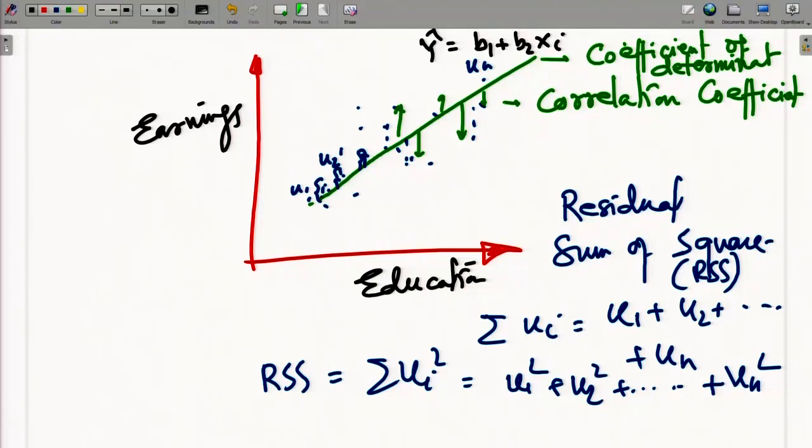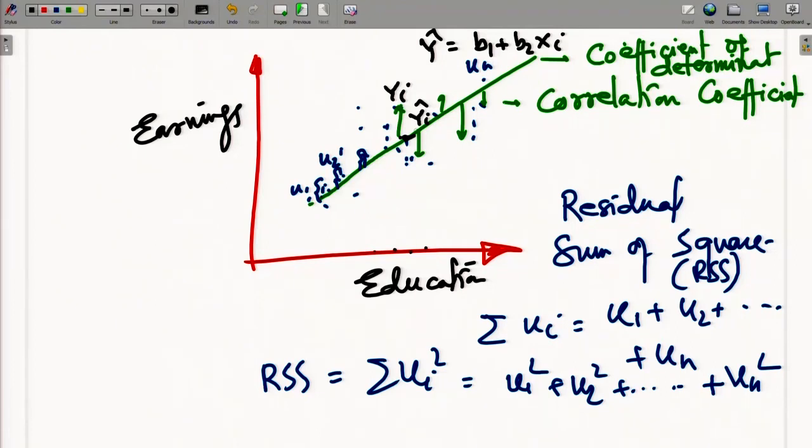Xi is all the different points corresponding to education, and y is my earnings. So this is my actual yi, and this is my estimated yi hat. This yi hat is coming from this line.